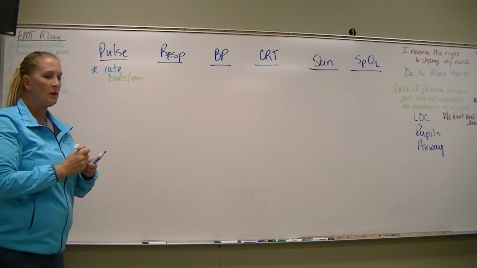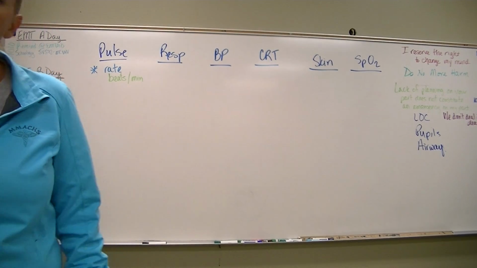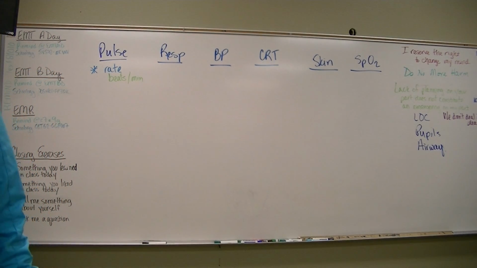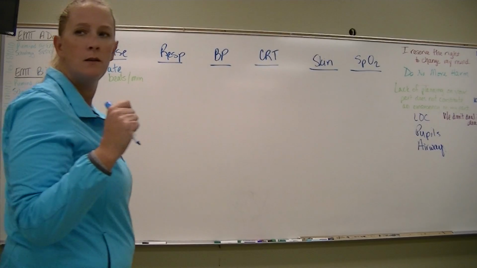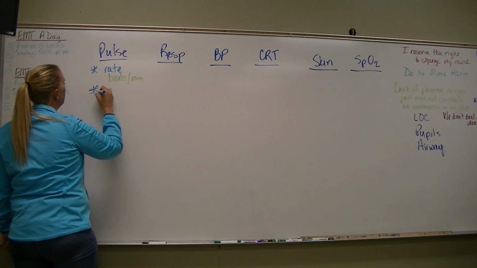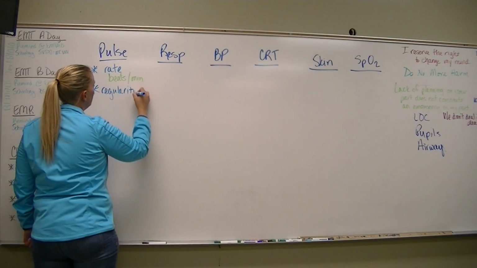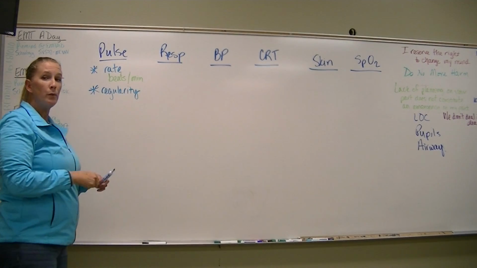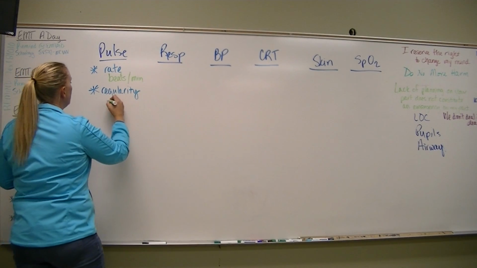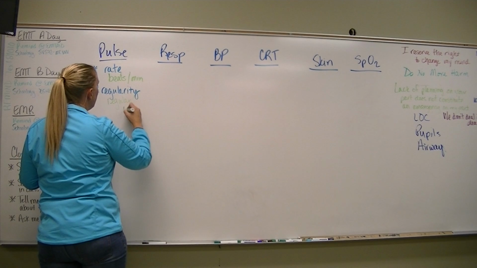Okay. What's another thing that we're going to report on for pulse? Character. How can you explain that in a different word or different phrase? Well, if it's regular or irregular. Okay, so we're going to report on regularity. So when you report this, it's either going to be regular or irregular.